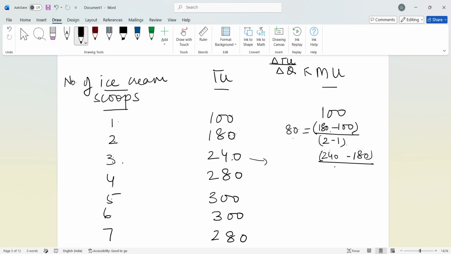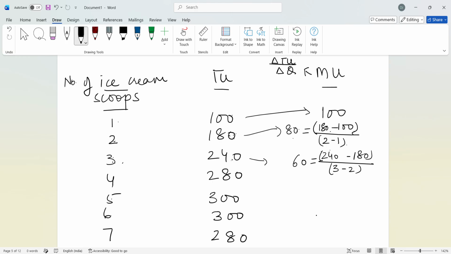So 3 minus 2 is again 1, and you get 60 being your marginal utility for the third unit. This 80 is for the second unit. For the first unit it is 100. For the third unit it is 60.